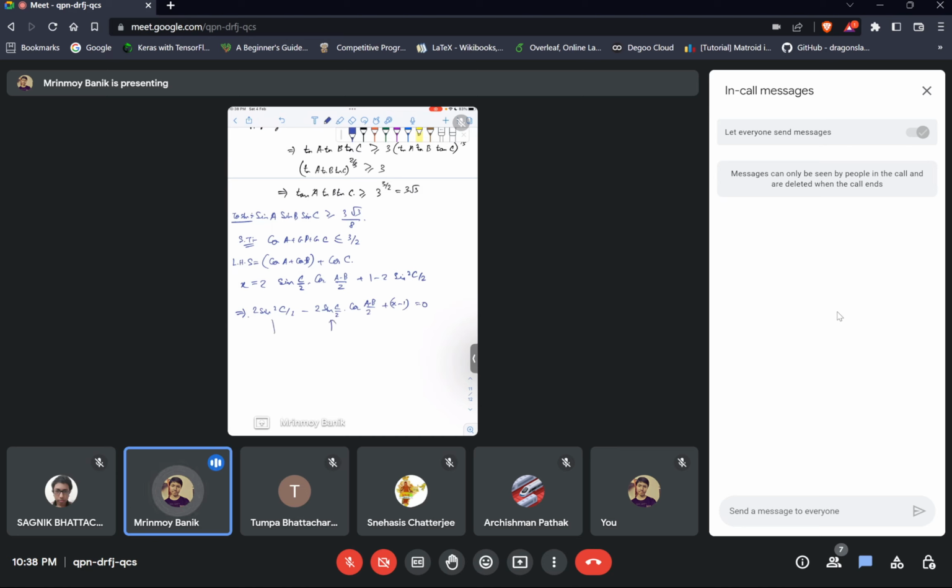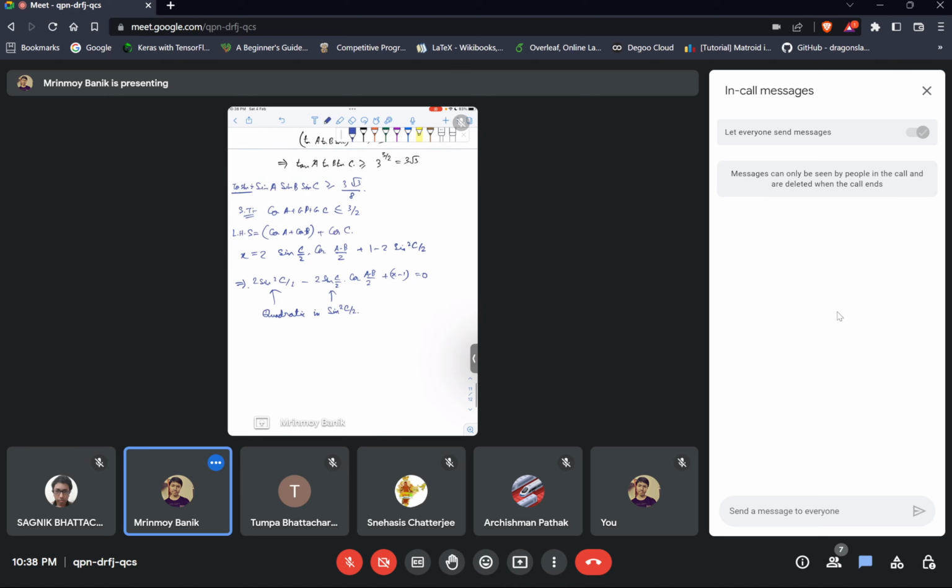So this, as you can see, is a quadratic in sine C by 2. And this has a root which is real.